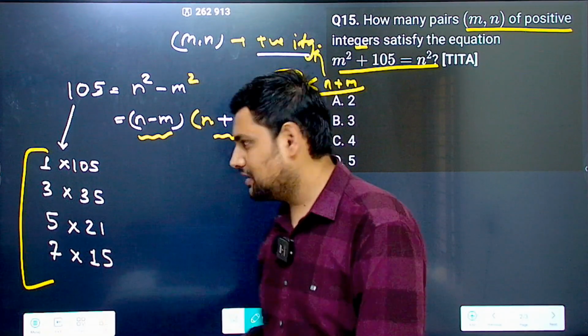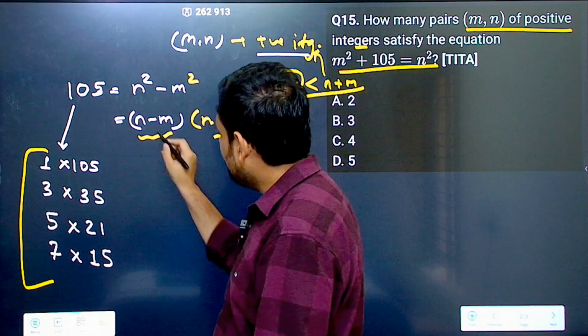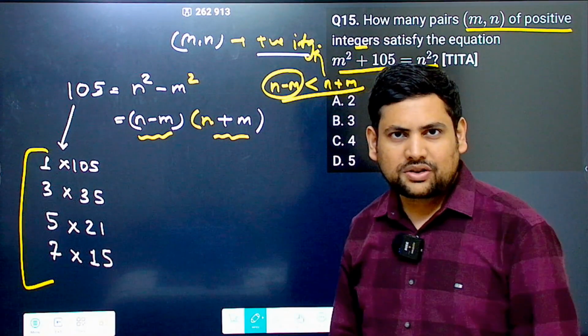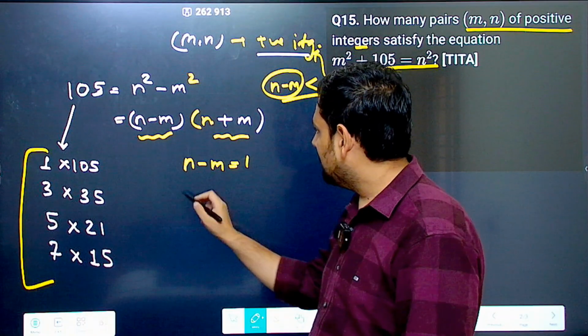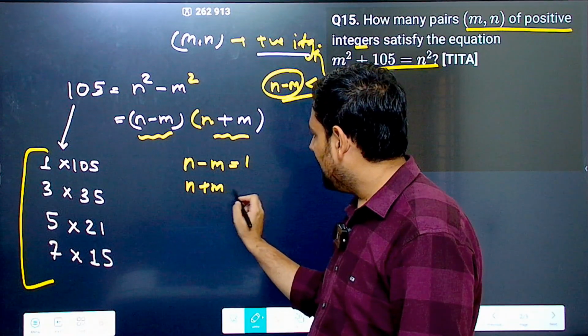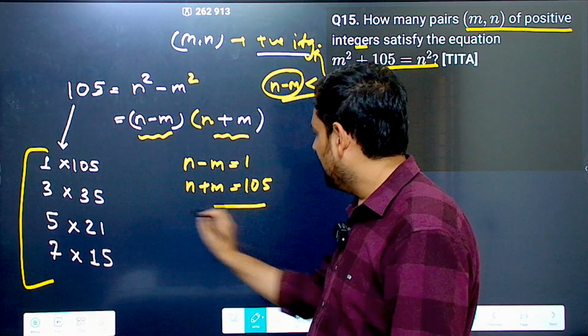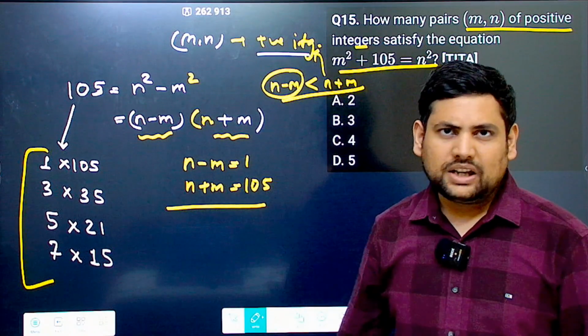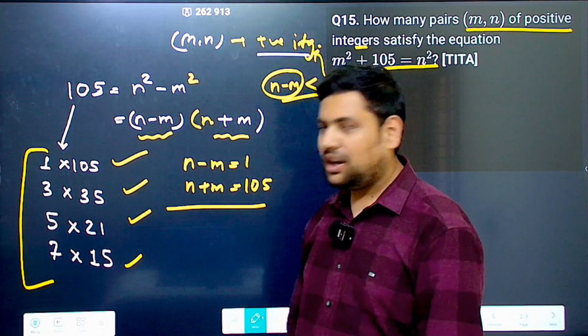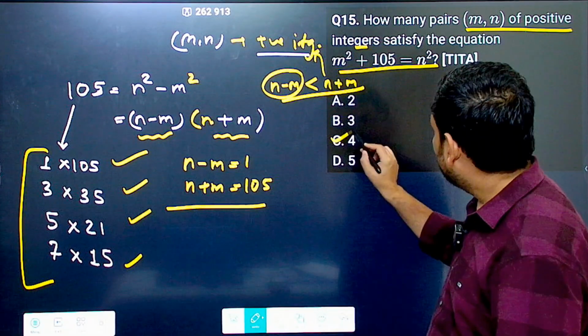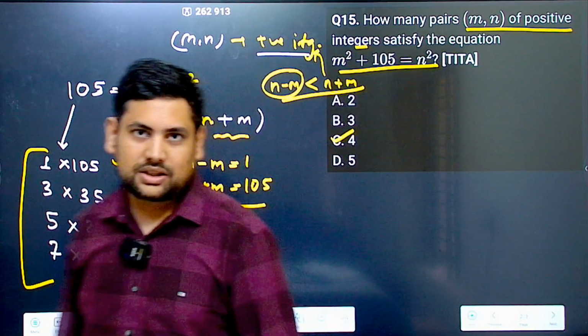How many pairs can you find? So basically each of them will give one solution. If I want to solve the first one, it will become n minus m is equal to 1 and n plus m is equal to 105. Then you can solve and get values of n and m. So one pair here, one pair here, one pair here, one pair here. You will get 4 pairs of such numbers.